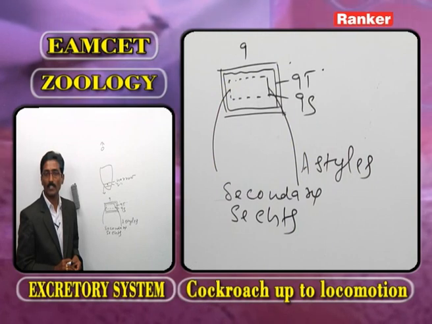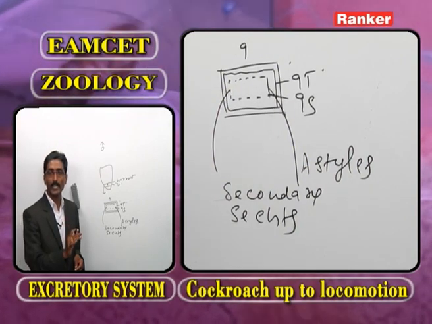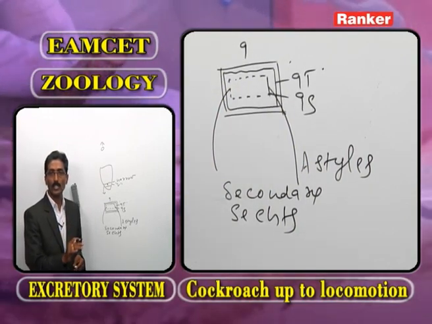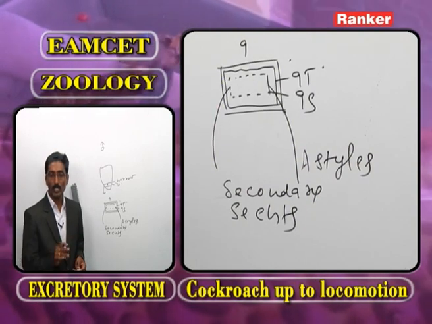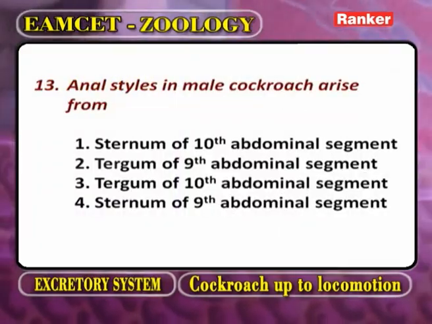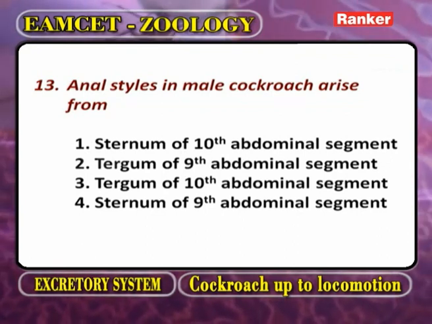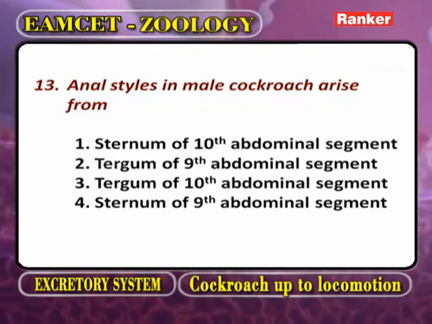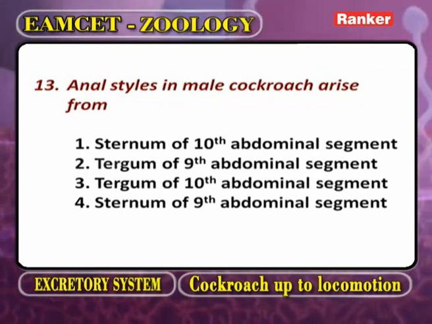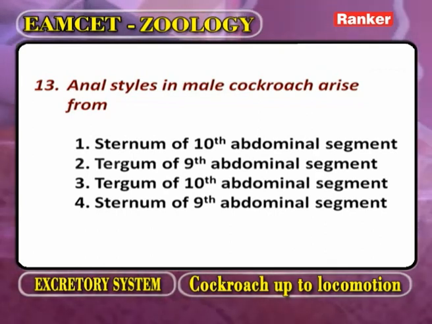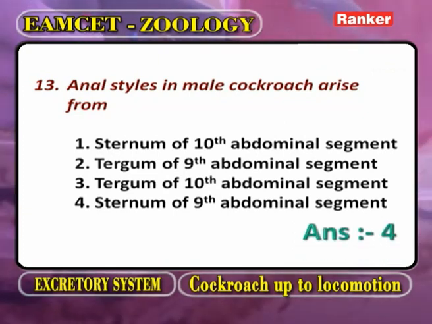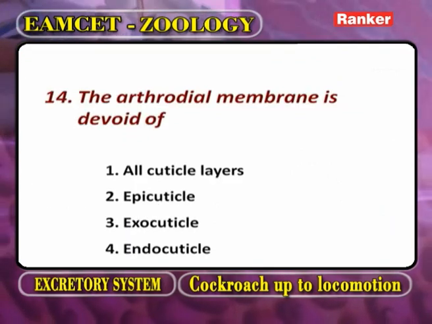Based on anal styles, we can identify the male cockroach from the female cockroach. Now observe the options: sternum of 10th abdominal segment, tergum of 9th abdominal segment, tergum of 10th abdominal segment, sternum of 9th abdominal segment. So the correct answer is the 4th option. Now go for the next question.